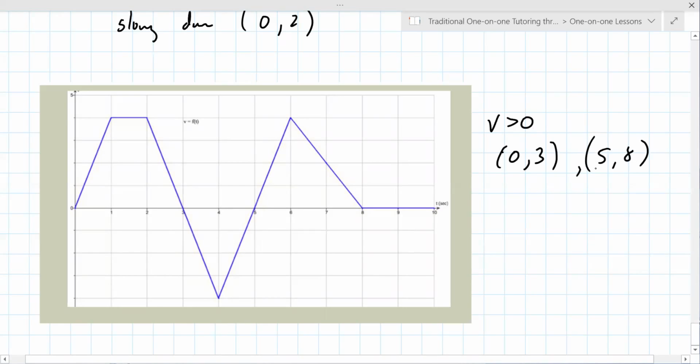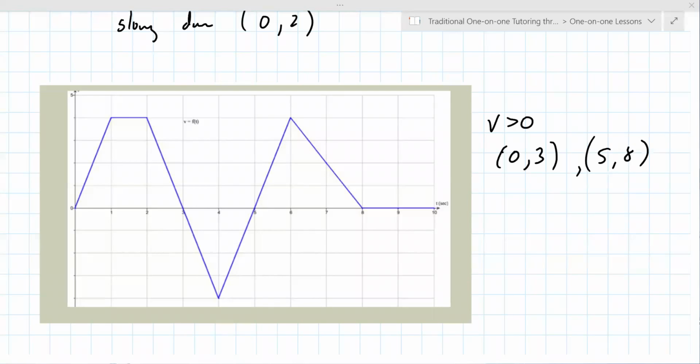Oh, yeah, that one's all above the x-axis, right? Yes. So that's moving right, or what is it called? Moving forward, right? Like when does the particle move forward is how it would be phrased, right?